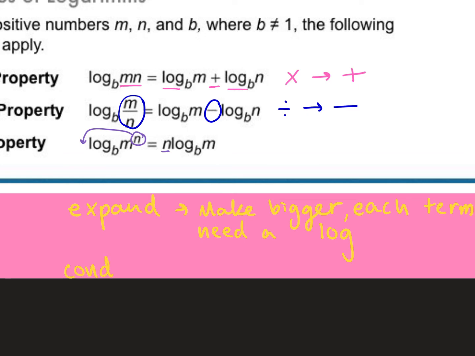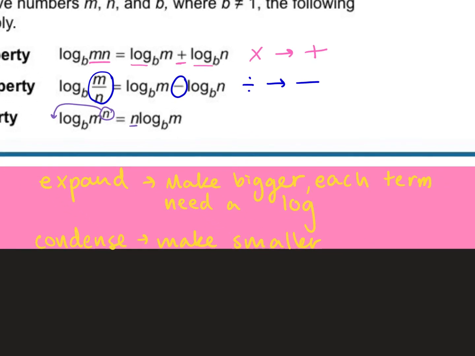When we condense, we make it smaller, and our final answer only has one log. We'll do some examples and you'll see what I mean by that.